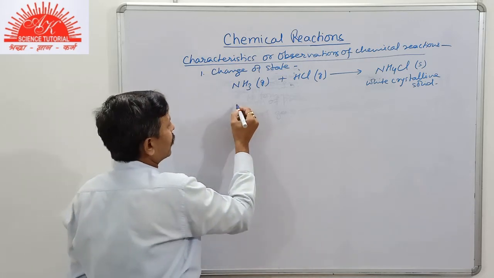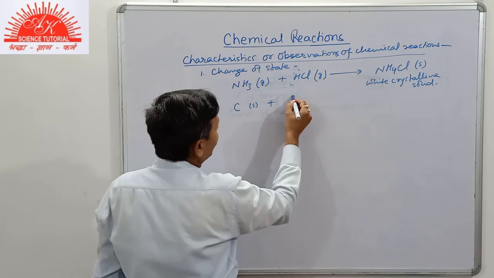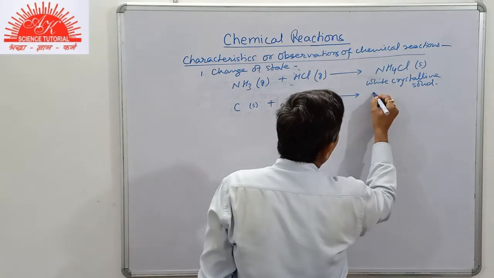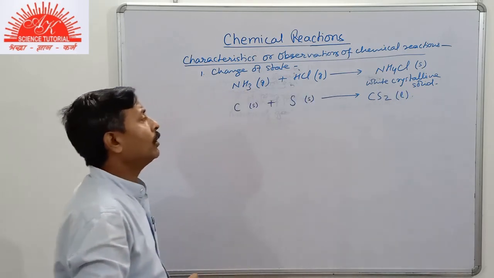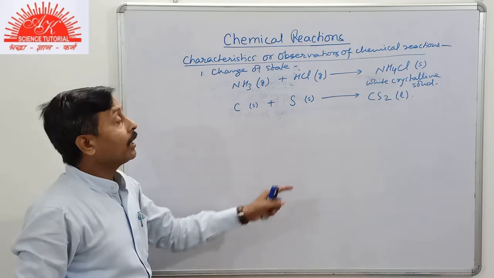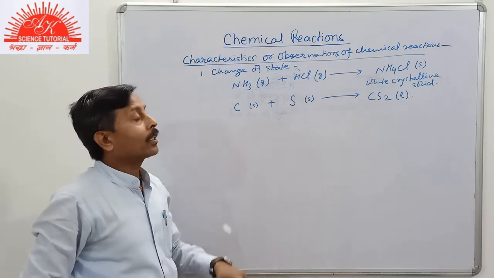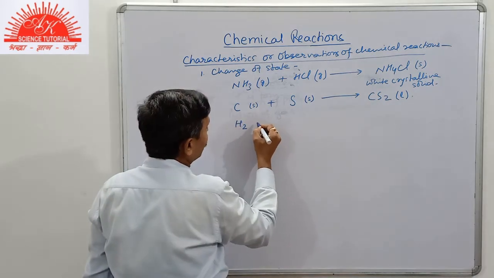Similarly, suppose carbon, which is a solid, is heated with sulfur, which is a solid, then it forms CS2. Now it is a liquid, an organic liquid. So this time two solids reacted to form a liquid. Now take one more example.